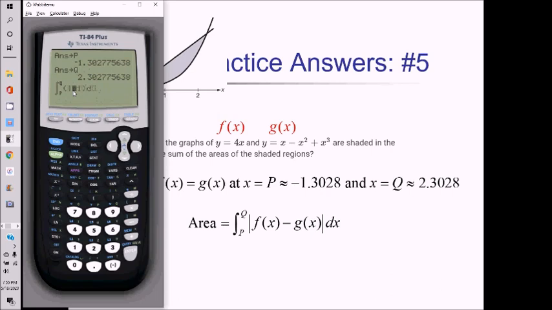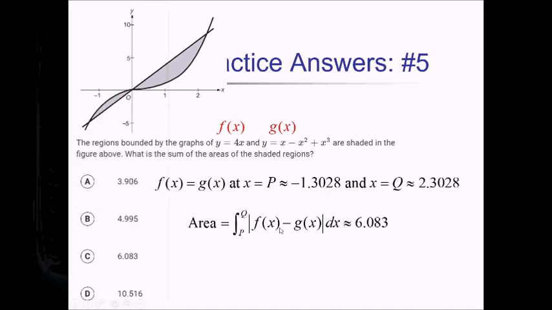Inside here, I stored f as y1 and g as y2, so I'll do alpha trace and pull up y1, and then subtract alpha trace y2. Let me put x next to the d, press enter, and that comes out to roughly 6.083, giving us answer choice C.